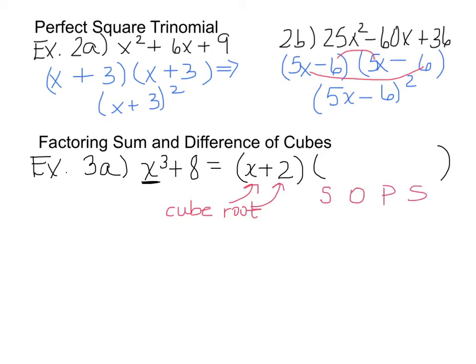So what you do is you square the first term, which is x squared. O means opposite sign, so instead of plus, we're going to use minus. P means product, so you're going to multiply x times 2 and get 2x. And the last S, you're going to square the 2, which will give you 4. And so that's how you factor a cube. So let's try another one.